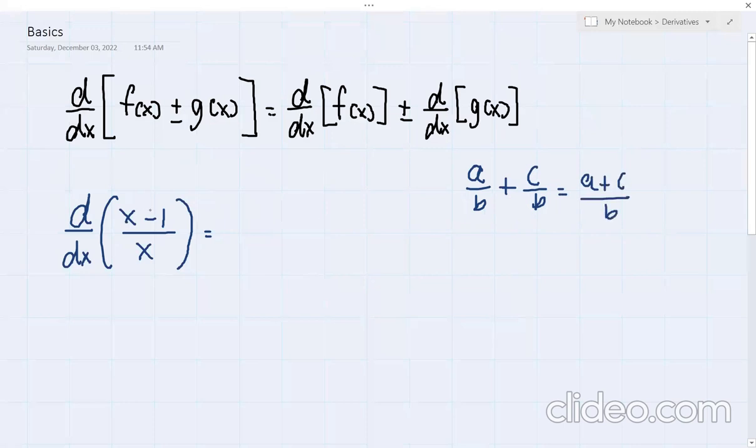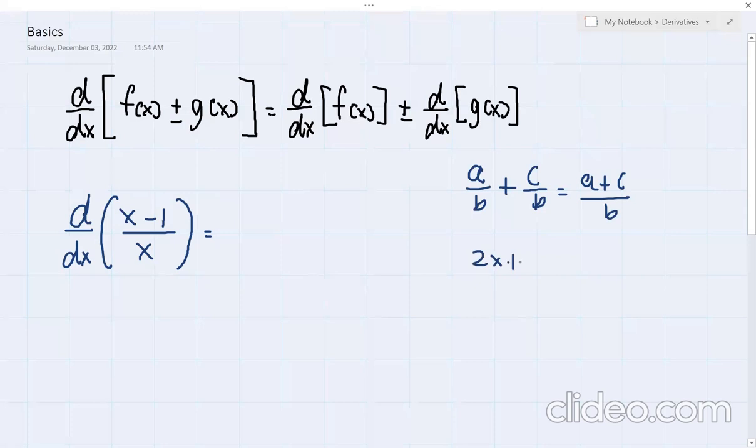Okay? So that means, ito, kung makikita nyo, x minus 1 siya, di ba? And yung numerator niya, nakaseparated yan by subtraction operation. So we can separate these two terms, okay, by separating this whole fraction into 2. Katulad nito, di ba meron tayong a plus c all over b. So imbes na a plus c all over b, we can rewrite it as a all over b plus c all over b.